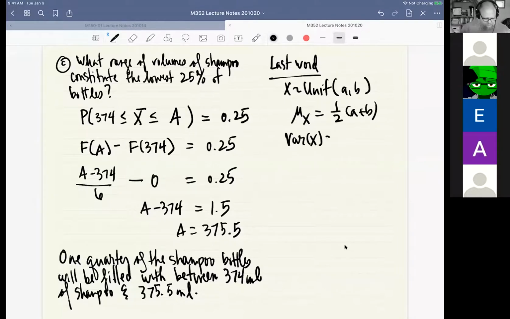The variance is the length of the interval squared divided by 12. And therefore, the standard deviation is the square root of that. It's B minus A over 2 times the square root of 3. So that's good to know. We need to know these facts about uniform distributions.